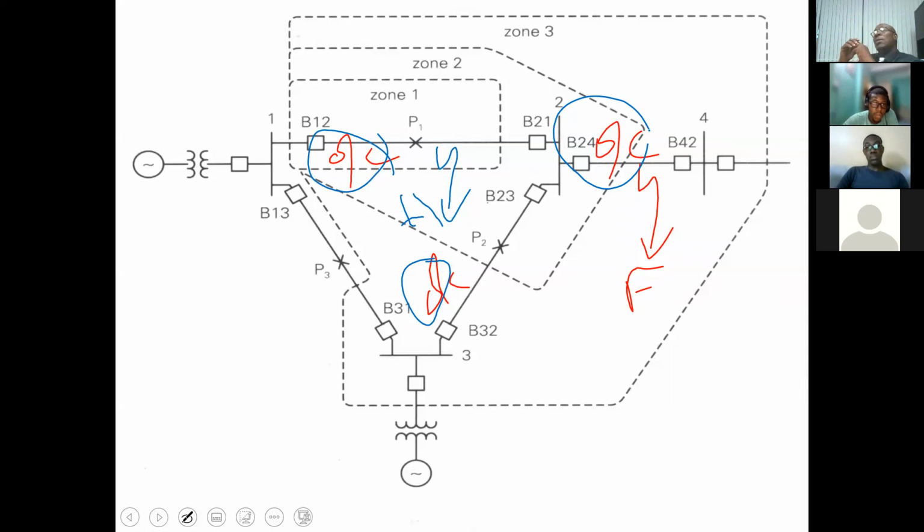Because remember, at the core of our objective for a protection system is that we want to clear the fault with minimum disruption to customers, right? If that wasn't at the core, then it really doesn't matter. We just put in the relays, and if we need to shut down half the system every time we have a fault, then so be it.